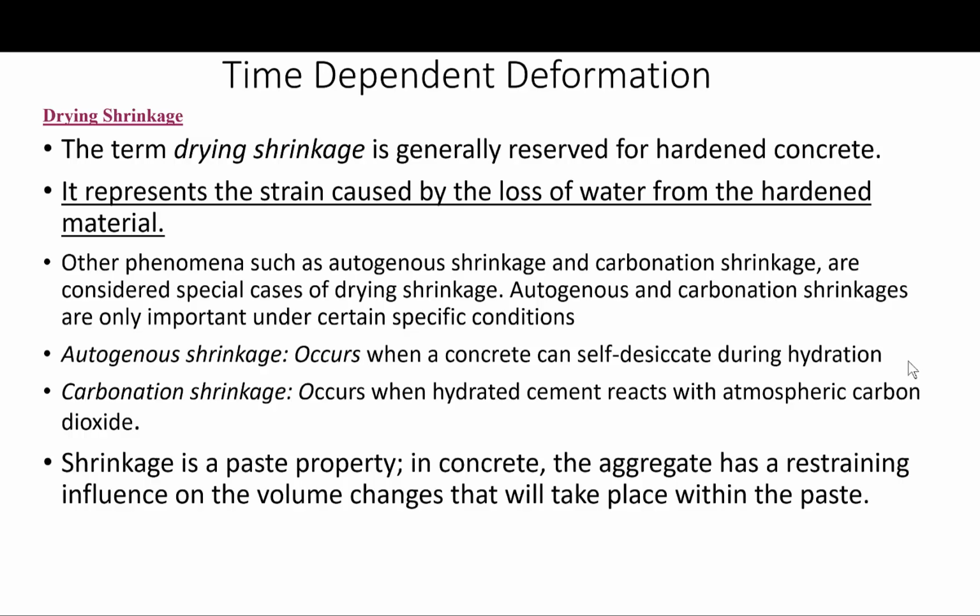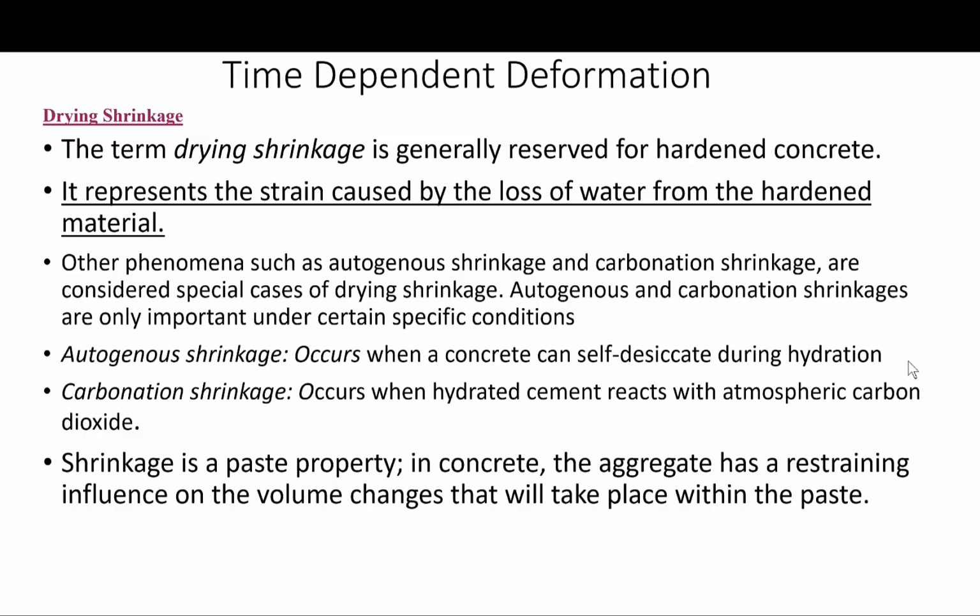The term drying shrinkage is generally reserved for hardened concrete. It represents the strain caused by the loss of moisture or water from the hardened material. We have, on the other hand, the autogenous shrinkage, which occurs when a concrete can self-desiccate.